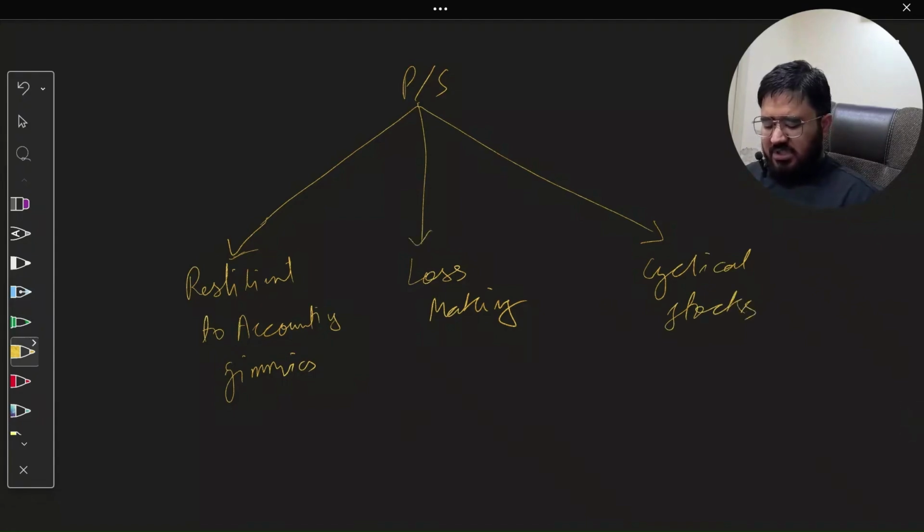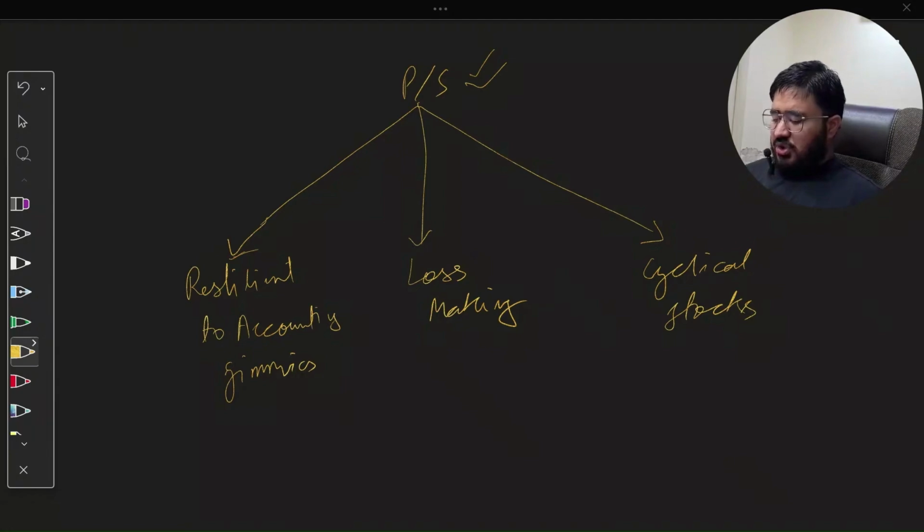In cyclical, what happens is in some months there are great earnings, in some months there are not so much because its raw materials cost fluctuates. However, it has been noticed generally that the sales more or less remain the same in cyclical. So price to sales could give you an accurate picture.